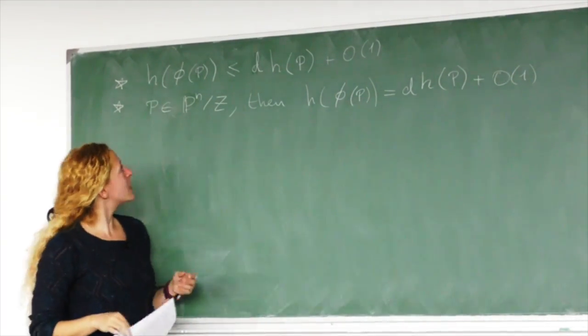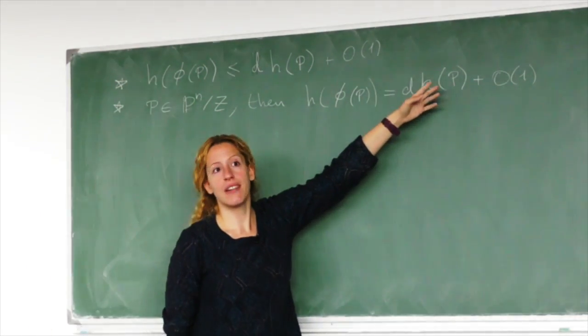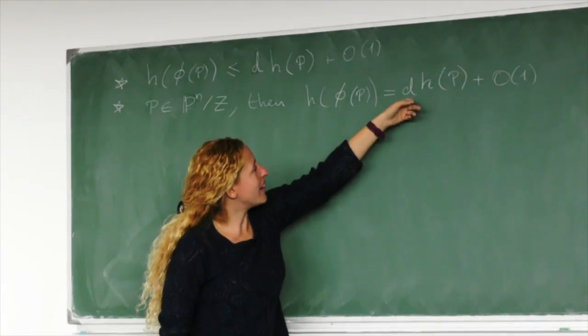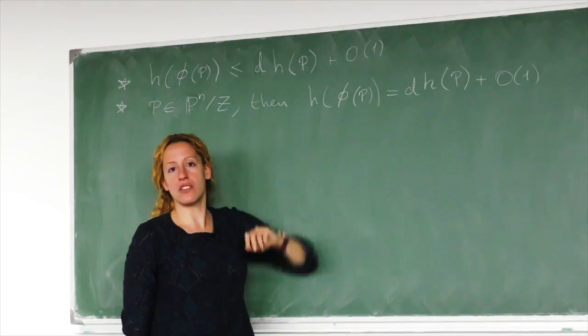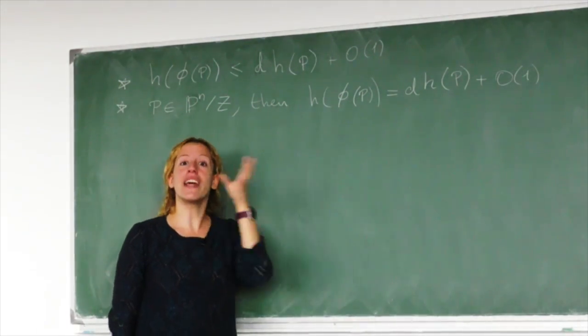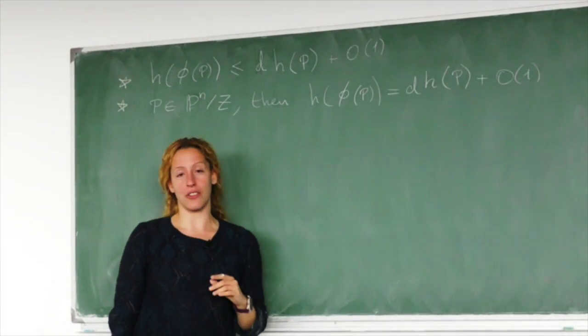So basically it means that the height of the point is, up to the degree of the morphism, the same as the height of the image of the point. So we can relate the height of the point on one side and the other side of the morphism.